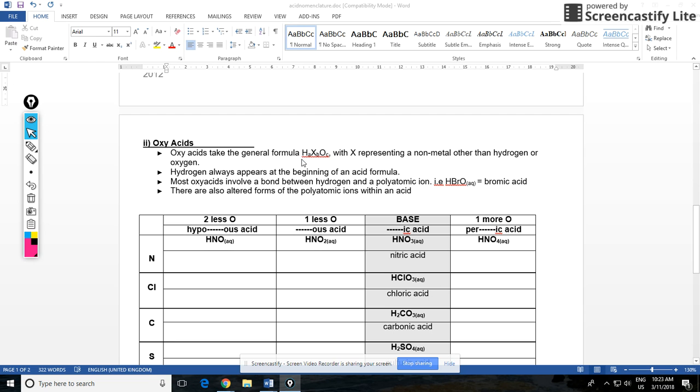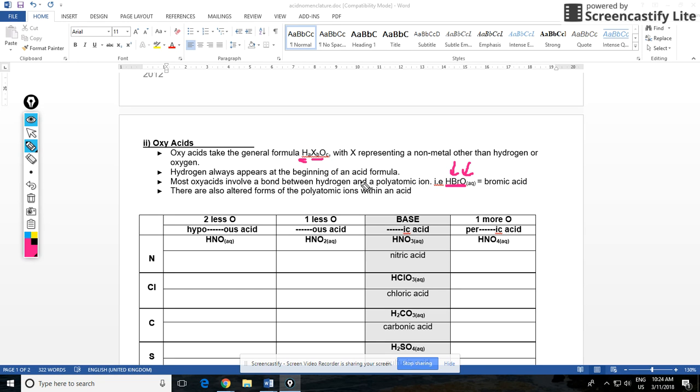So oxyacids, they also start with an H. But rather than have only two elements in them, H and a nonmetal, there'll be an H and a polyatomic ion containing oxygen. So for example, over here, we have H and a polyatomic ion. This would be called an oxyacid.